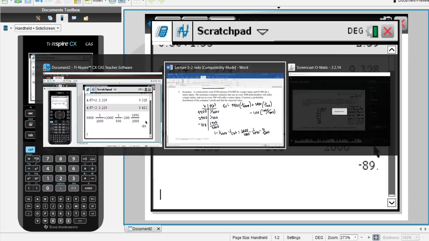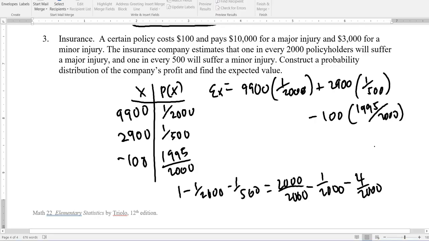So we expect to lose $89. That means if you're buying this, you can expect to lose $89. That means, on average, the company's going to make $89 per person. Okay?